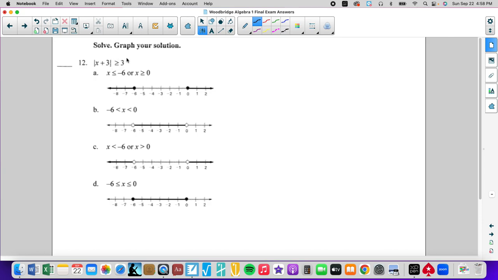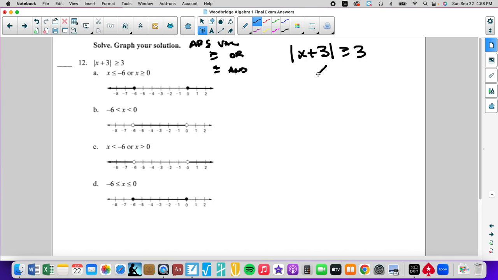Now we have an inequality. This is compound. The absolute value of x plus 3 is greater than or equal to 3. When we have absolute values in inequalities, if you have greater than, it's or. If you have less than, it's an and statement.